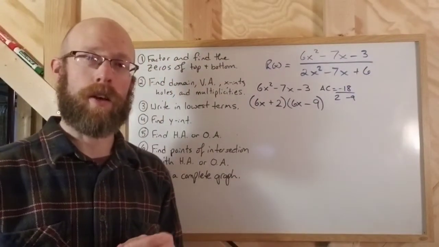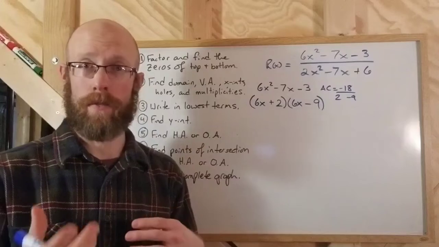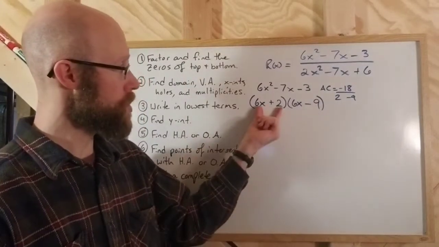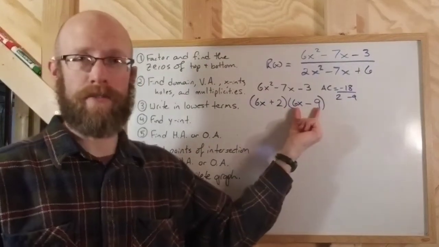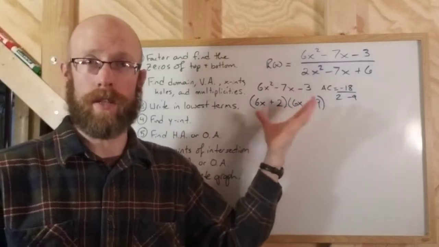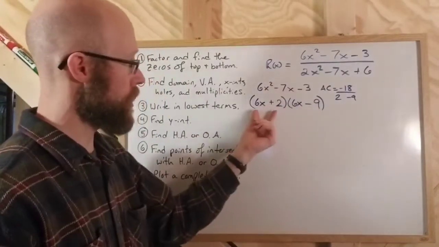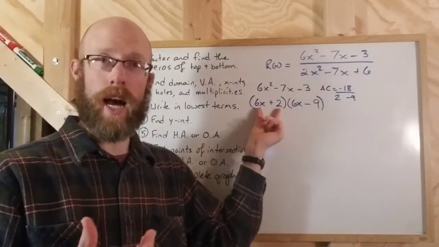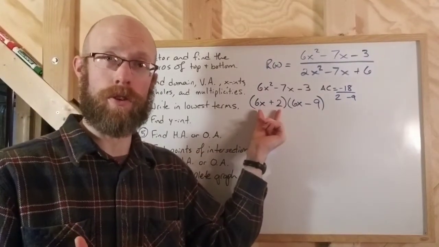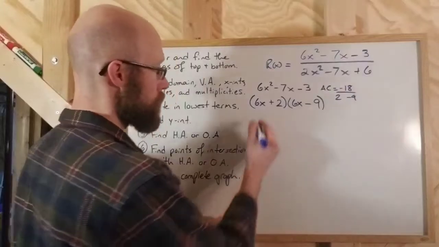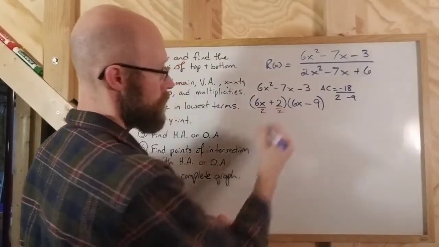Now the way that we remove the 6 is a little bit interesting. We're going to divide out any common factors that exist within the factors themselves. So if I look at 6x plus 2, there's a common factor of 2 between those 2 terms. And so I'm going to divide out the 2 from each of them.